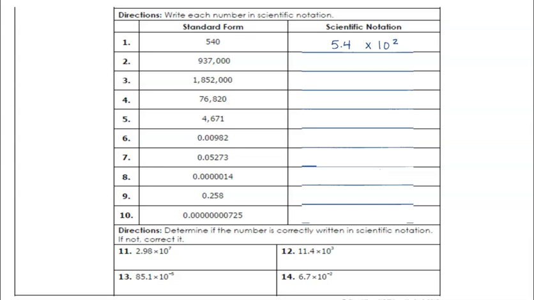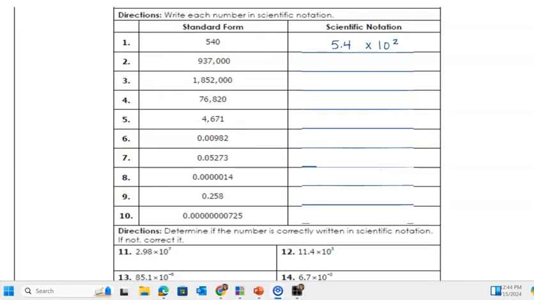Okay, so the next one, we're going to have 937,000. And this also is not that hard of a number to say. But anyway, what we want to do is get the decimal right here between the first two digits, so that the number is greater than 1 and less than 10.